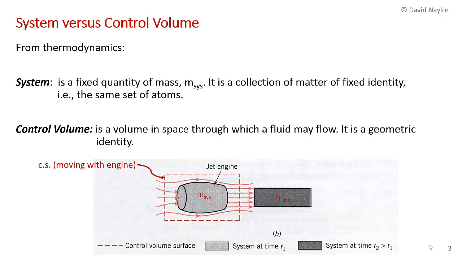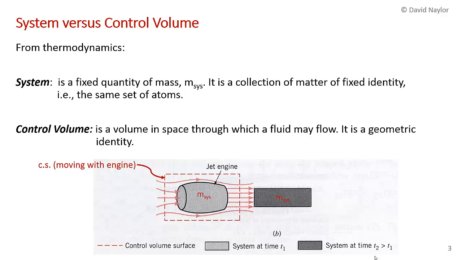It's geometric identity, and I've shown a diagram at the bottom of the page here. It's a little sketch of a jet engine that's moving through the sky. And I've shown a red dashed line around the engine, and that's the control volume that we're going to do our analysis on. And the outside of the control volume is called the control surface, which I'm denoting as CS, and it is moving with the engine.